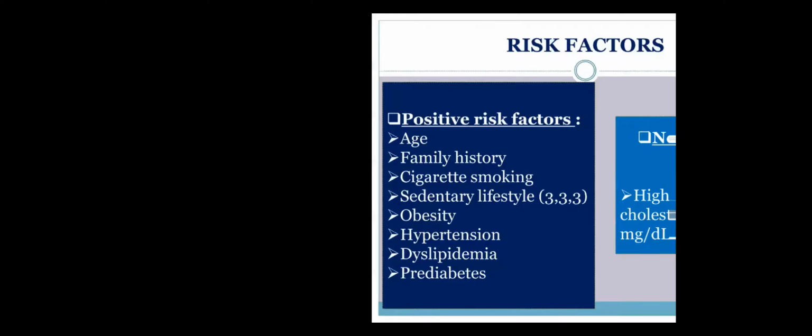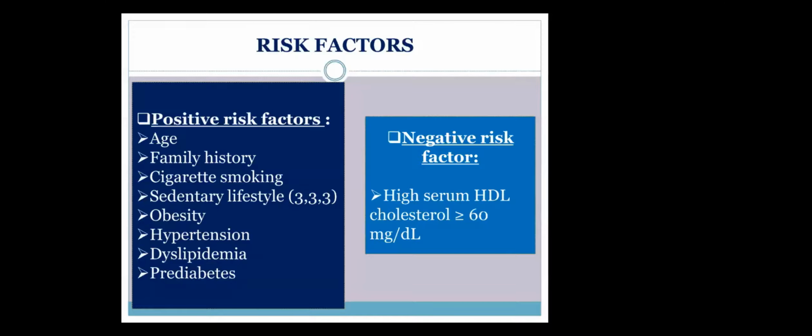Risk factors included in this ACSM stratification are positive and negative. You have positive risk factors and negative risk factors. So depending on the patient's reports, if you have a negative factor, you have to subtract one from the positive risk factors. In case of age, if it is more than 45 for males and more than 55 for females, it is considered a positive risk factor.